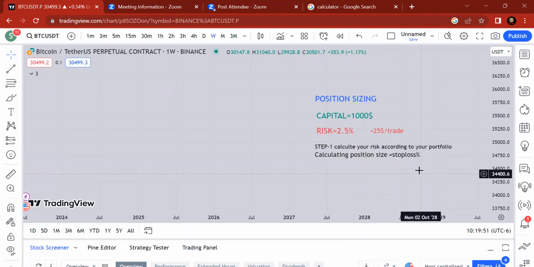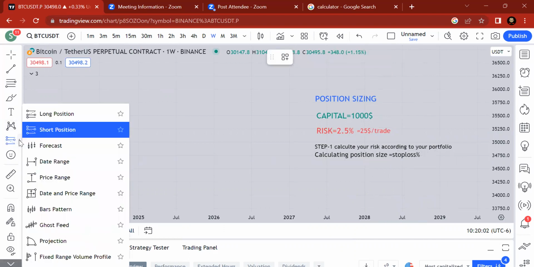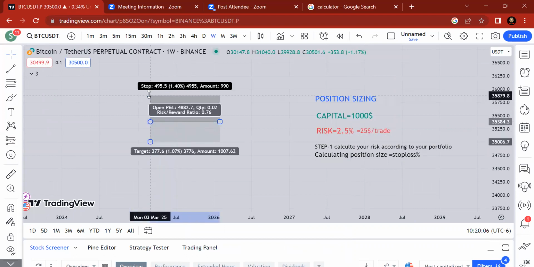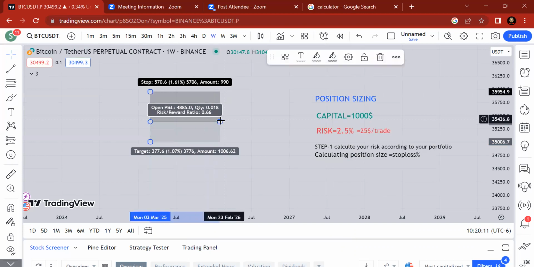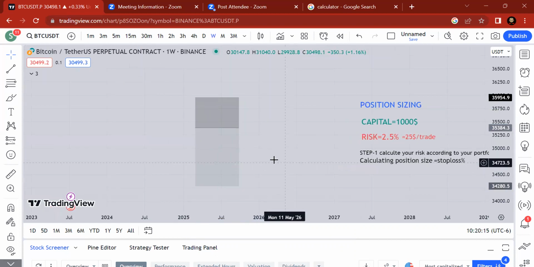Now you know that your risk is $25, and you also know your stop loss percentage. What was the stop loss percentage? 1.625, something like that. Okay, 1.61. I take a short trade here, something like this.